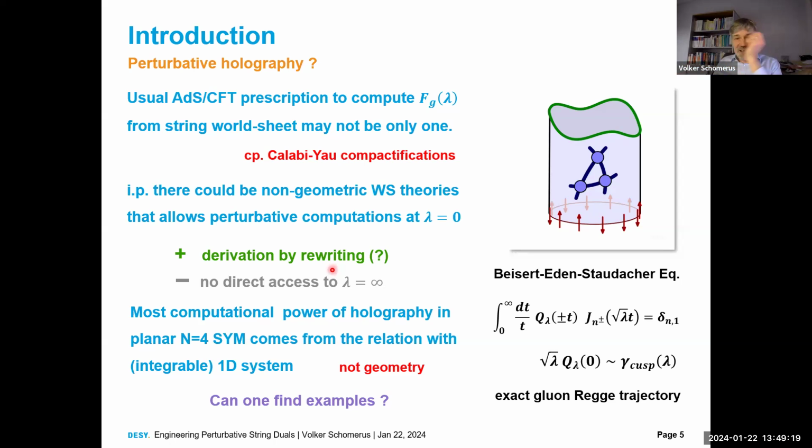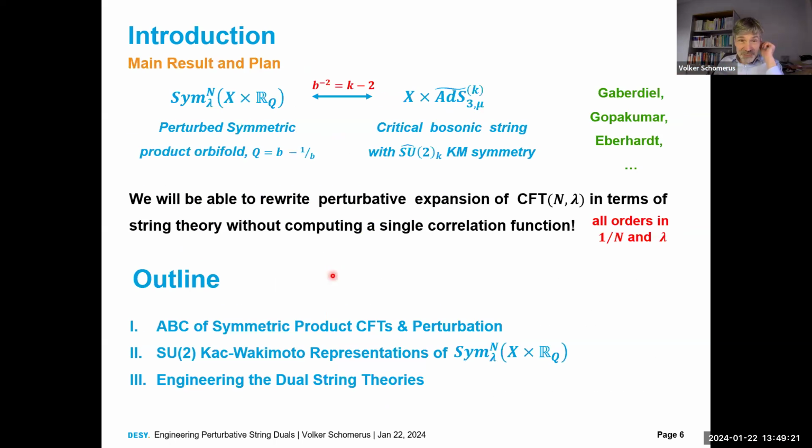And that was the moment when I felt like maybe to go back to this problem and try, at least in this now very well controlled context, to do this kind of engineering that I've tried to sketch, namely to take really the perturbative expansion of some gauge theory. In this case, of course, it's a 2-dimensional CFT, and to try to rewrite it in terms of a string theory. So that brings me to the main result that I'm going to present today, and then the outline.